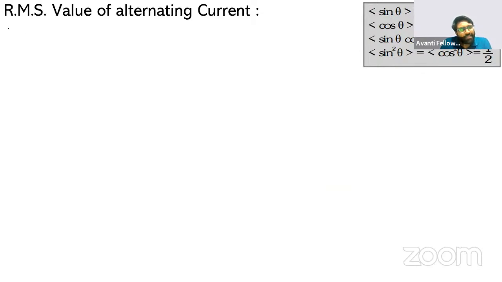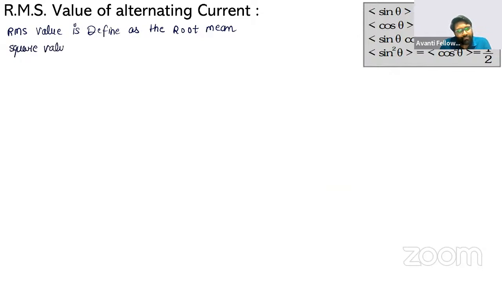RMS value is defined as the root mean square value of current.